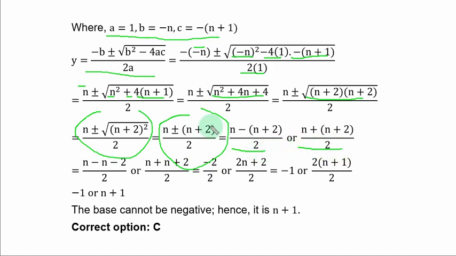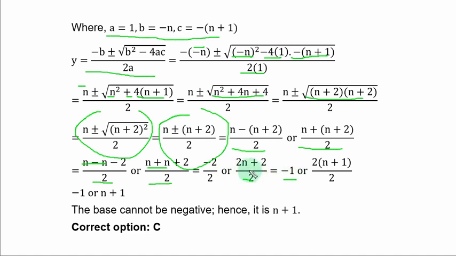If you open the bracket for the first term, you have n minus 2 over 2, or n plus 2 over 2. So here n we cancel n, you have minus 2 over 2. If you add, you have 2n plus 2 over 2. Here becomes minus 1.